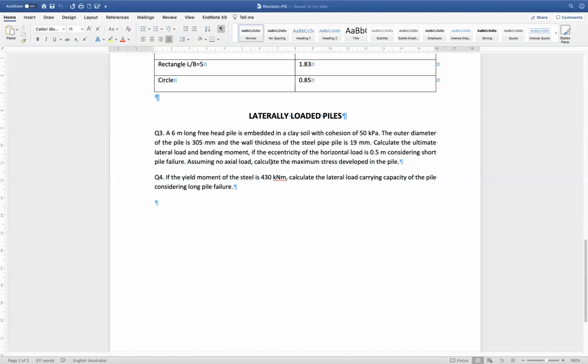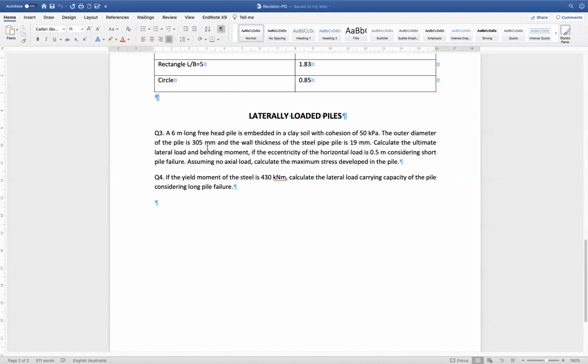We need to calculate the maximum stress developed in the pile. After we obtain the value of the ultimate lateral load and the maximum bending moments, we need to calculate the maximum stress, considering only the bending moments, and by considering the axial load as 0.